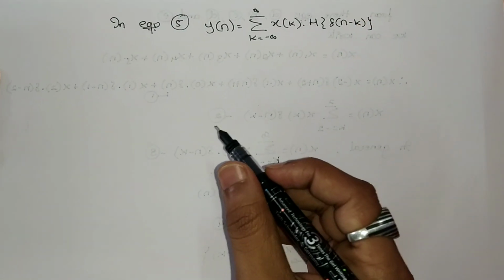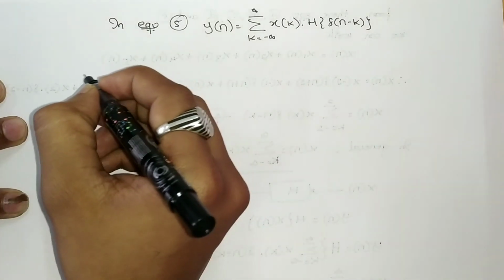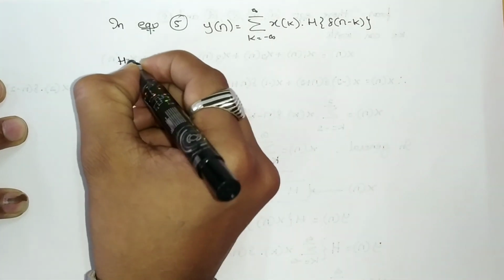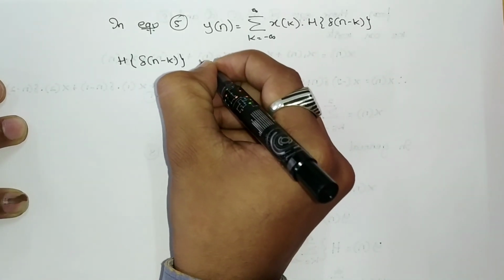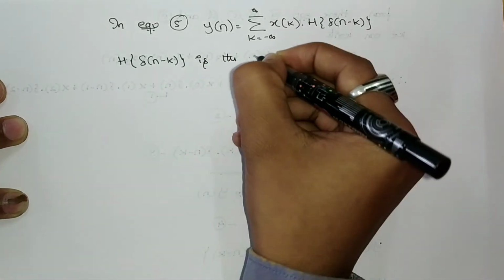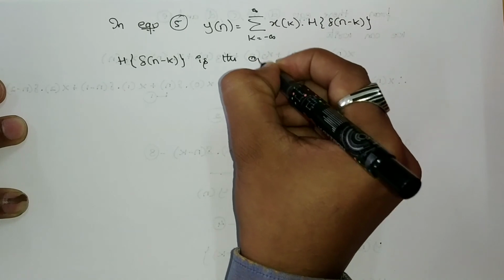This is equation 5. Here h of delta of n minus k is the operation.